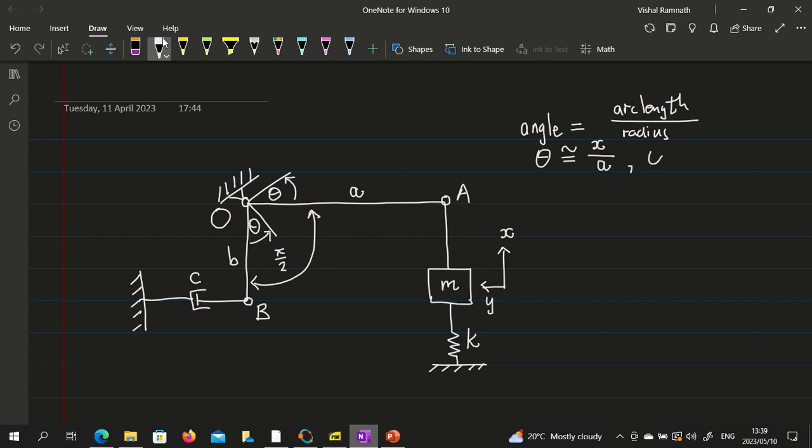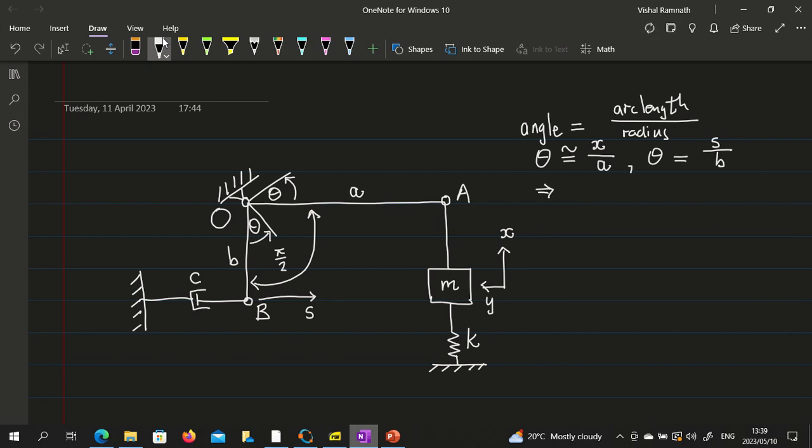And in addition, theta, if point B moves a distance s, would be s, the arc length on the other side, divided by the radius, which would be b.